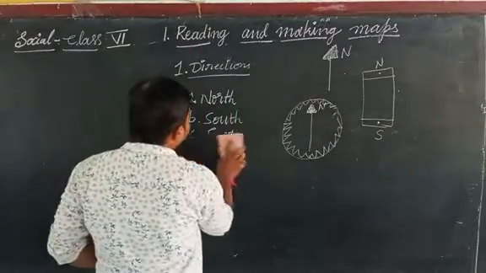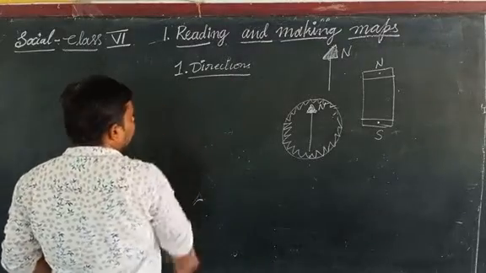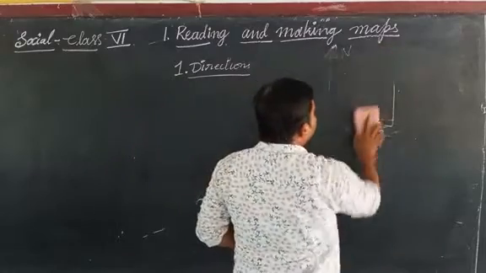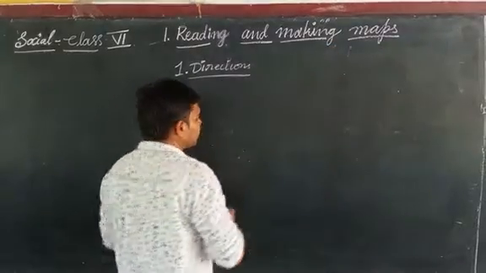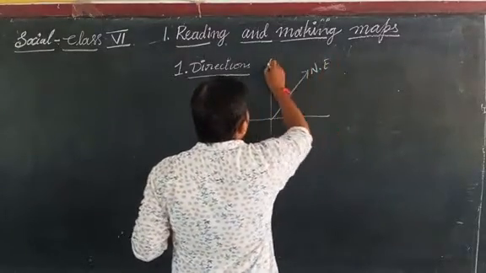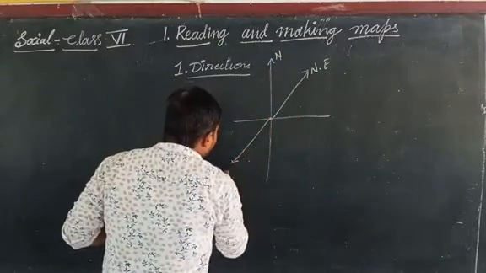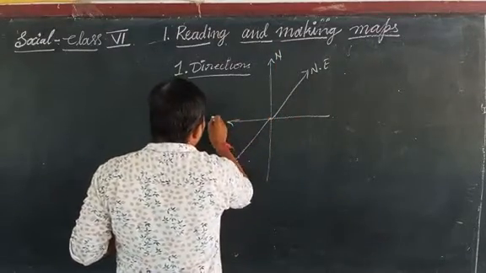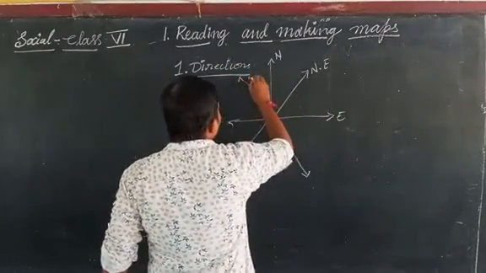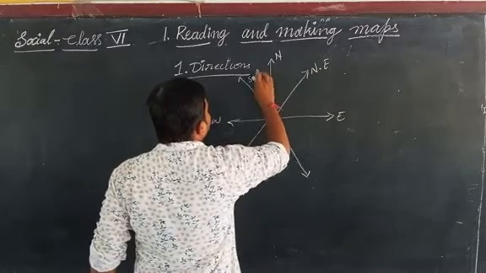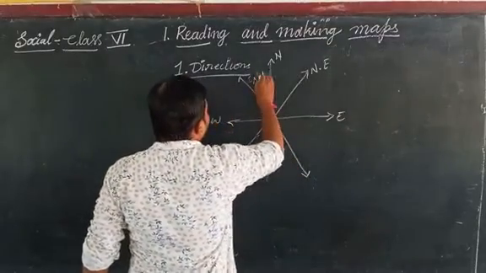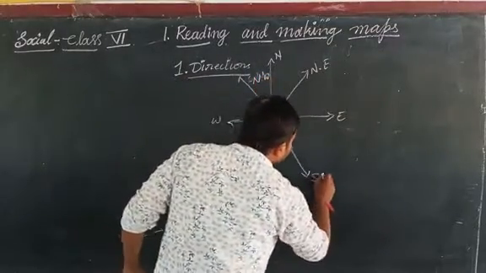Along with these directions which we discussed in the previous class, there are 4 diagonal directions. Totally, these are the directions: northeast, okay.